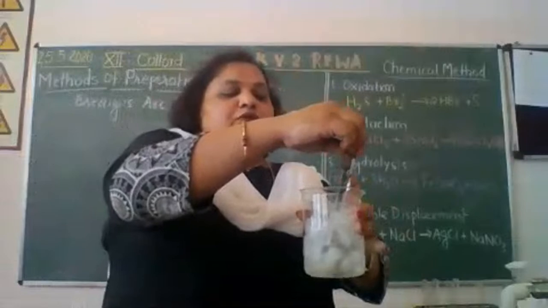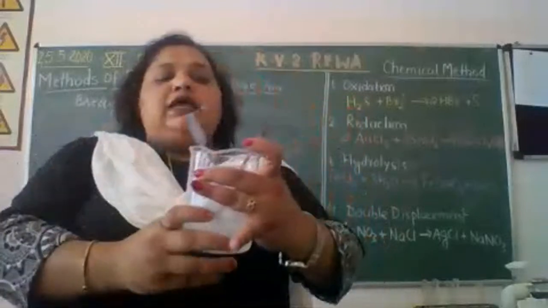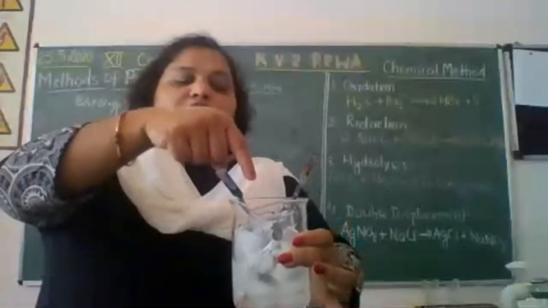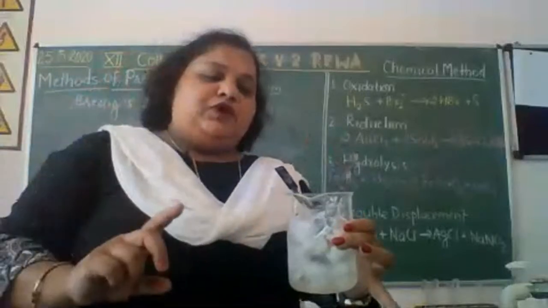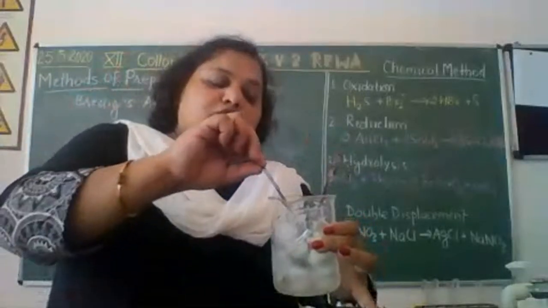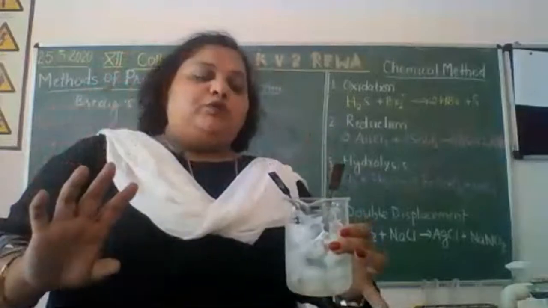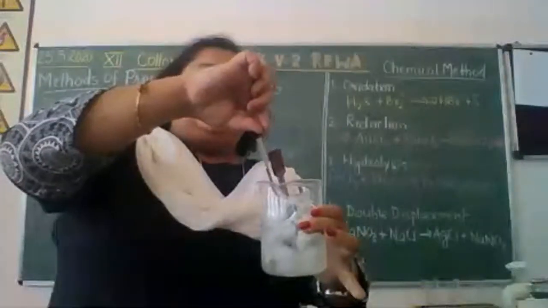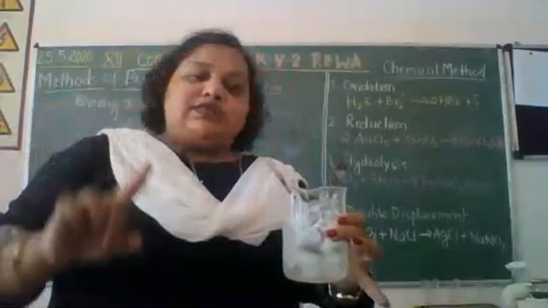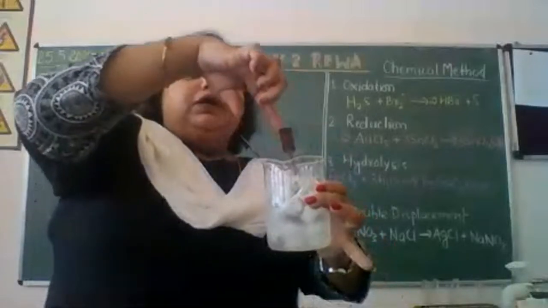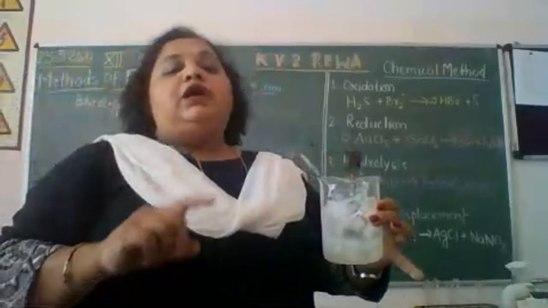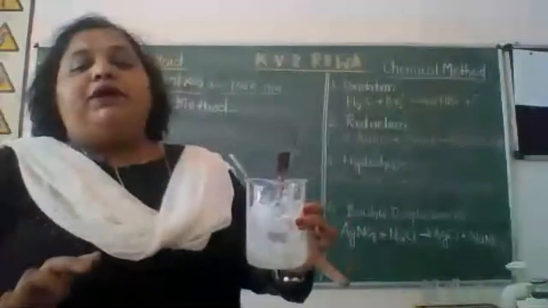Two rods of the metals are taken in this. Whatever dispersed phase you want, the colloidal solution of which you want to prepare, the rods of those metals are taken here. They are dipped in the dispersion medium in which you want to prepare, right?